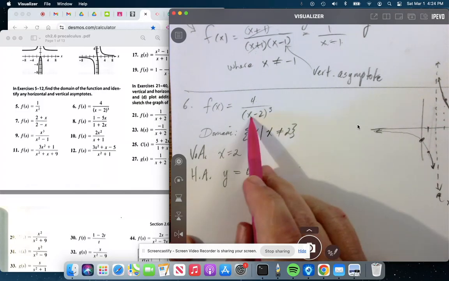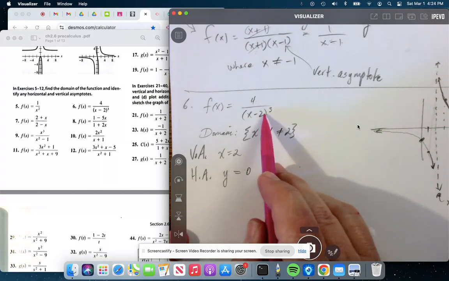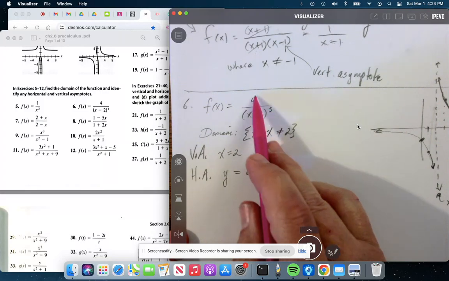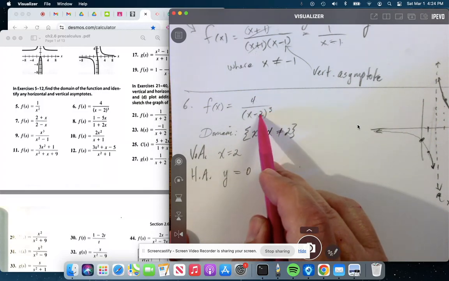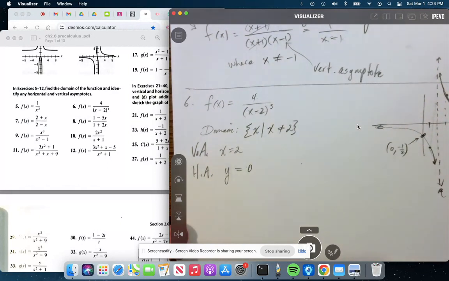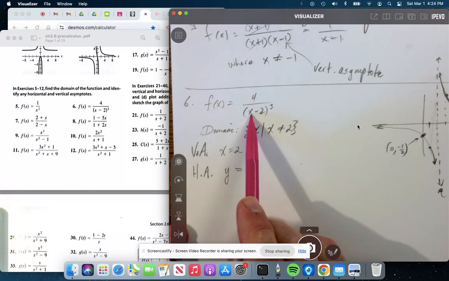So when I put 0 in here, 0 minus 2 is negative 2. Negative 2 cubed is negative 8. 4 over negative 8 is negative 1/2. So I know that point is at (0, negative 1/2). That is your y-intercept, and I found that by simply replacing x with 0.